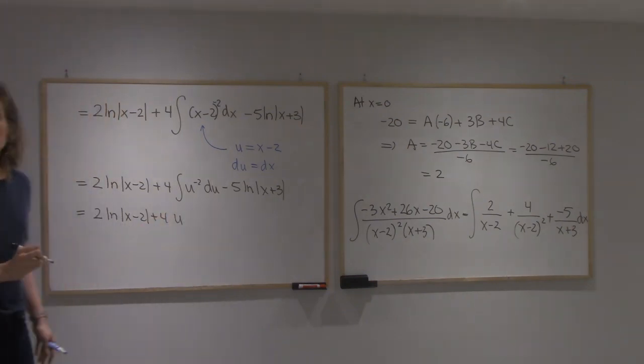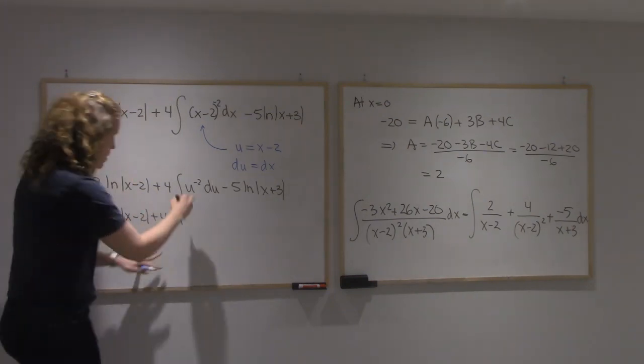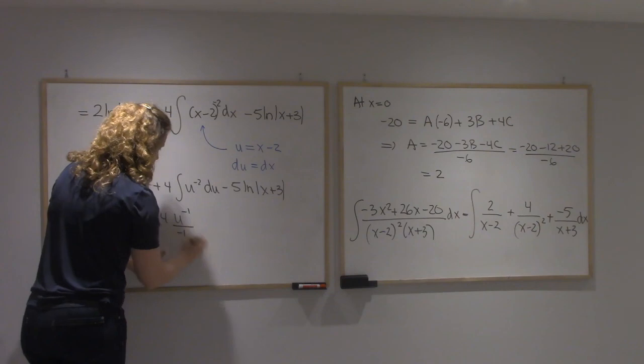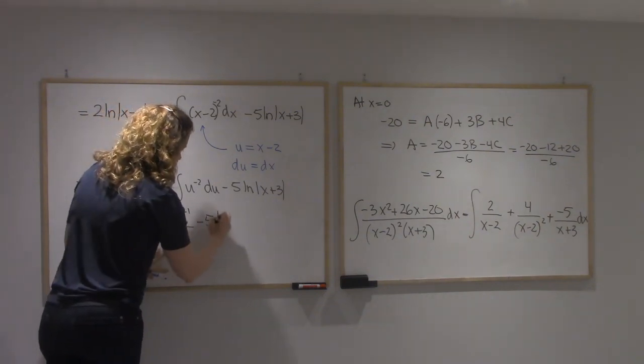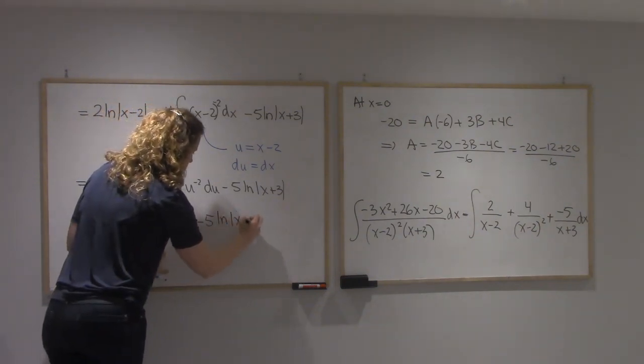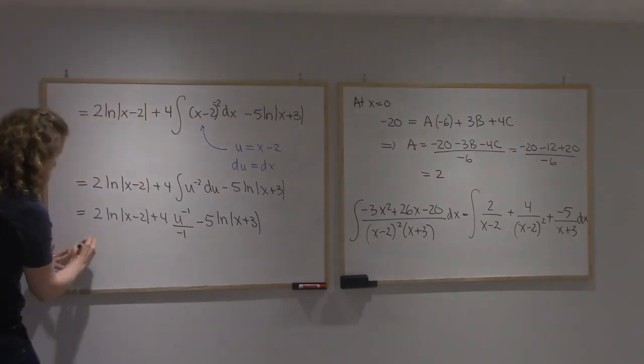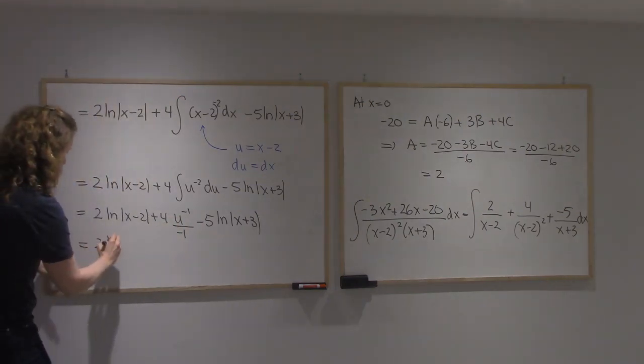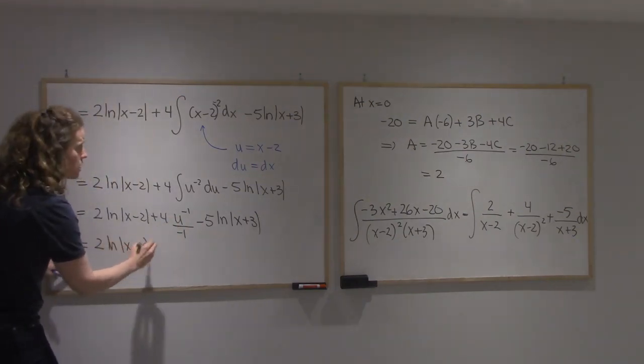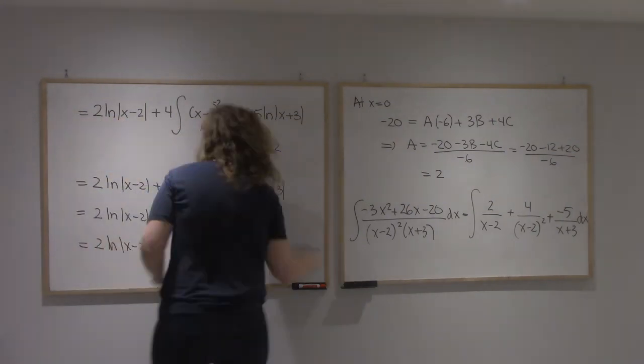And now it's just the power rule. Minus 2 plus 1, that's minus 1, over minus 2 plus 1. And I'm going to plug back x minus 2 for u.